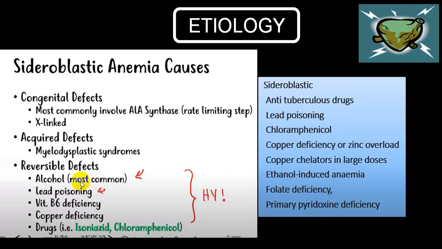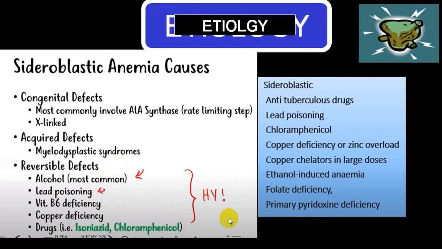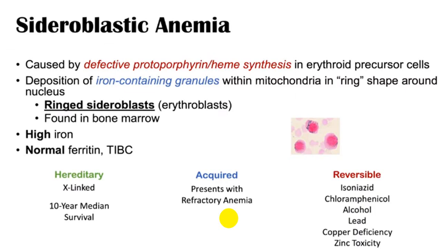Out of these, these two are common, and they are reversible defects. Even vitamin B6 deficiency is reversible, and isoniazid-related is also reversible. So that can be reversed back. Ring sideroblasts are seen in bone marrow, and if you do iron studies, serum iron is elevated, ferritin level is normal, TIBC is normal.